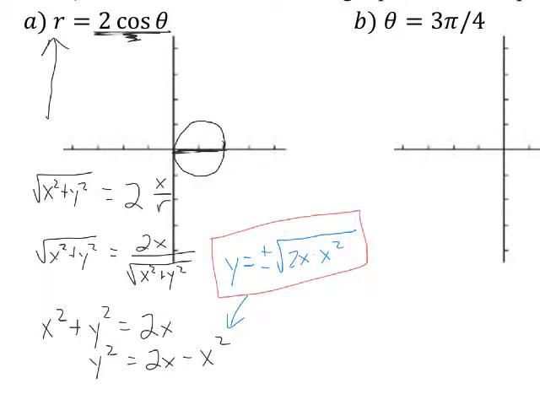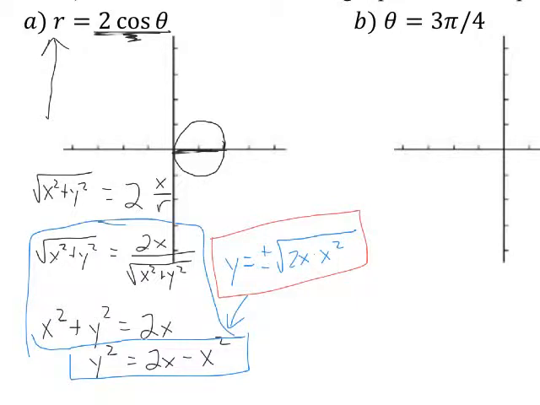If you were just told to write a rectangular equation, at this point you're at a rectangular equation. Actually, even any one of these three is a rectangular equation. But I'm going to have us aim towards solving it for a single variable, either y equals or x equals.